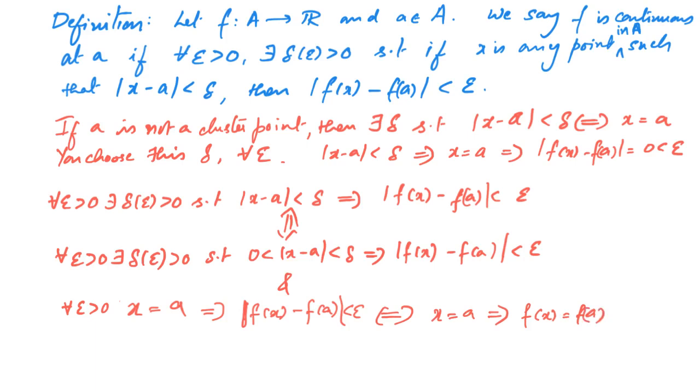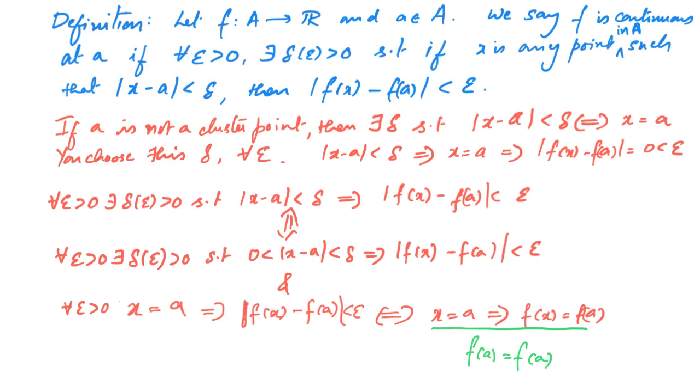Why is it true? If a non-negative number is less than every positive number, then it has to be 0. That's the only possibility. Notice that this just means that f of a is equal to f of a, which is a tautology.